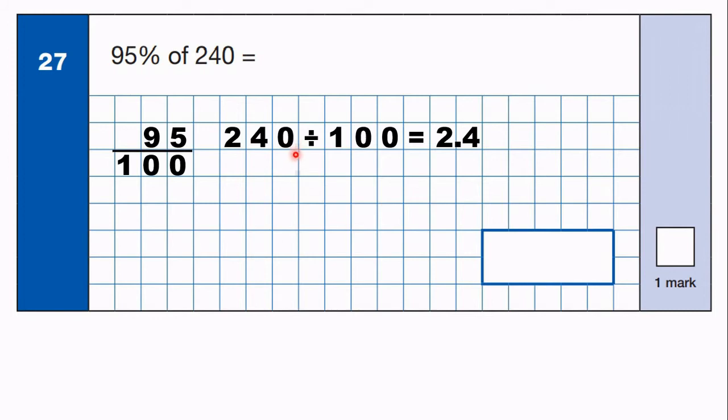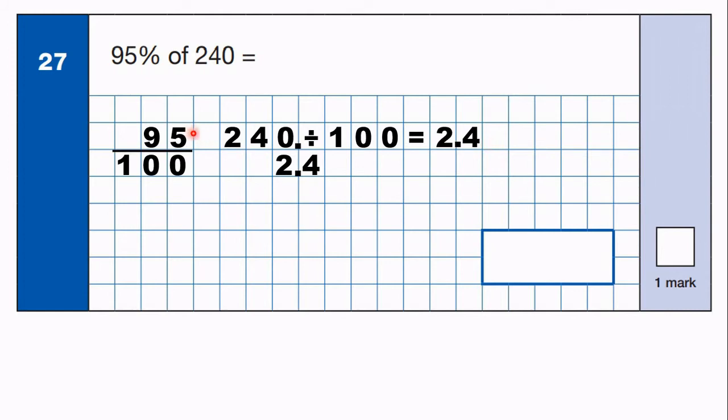We really have a decimal point at the end of a whole number, and if we copy that down with the digits moved 2 places to the right, we get 2.40. But we can ignore a 0 on the end of a decimal number, so we have 2.4.